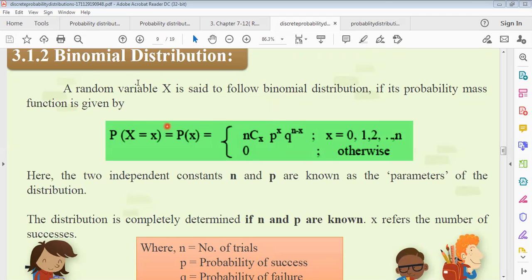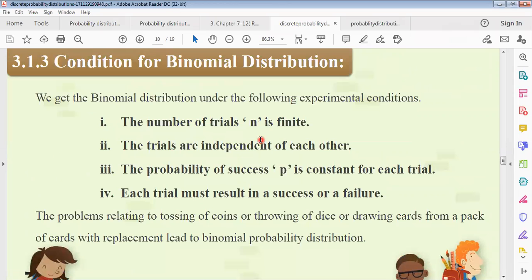So first Bernoulli invented this distribution, and then binomial distribution was discovered by James Bernoulli. Binomial distribution is applied for repeated trials.